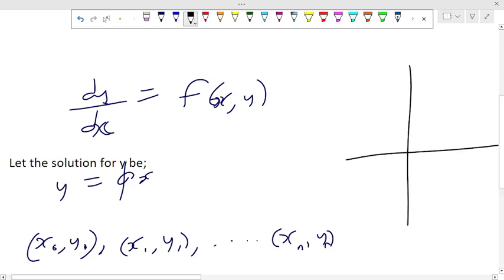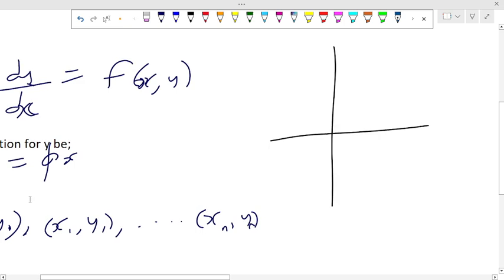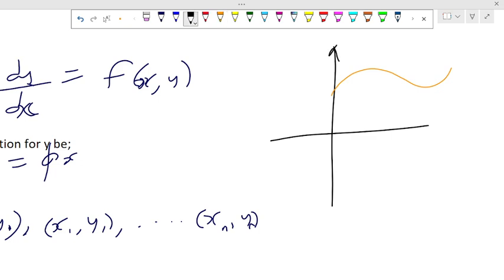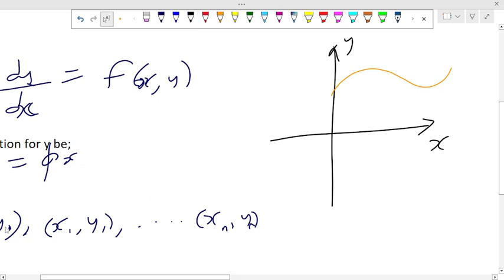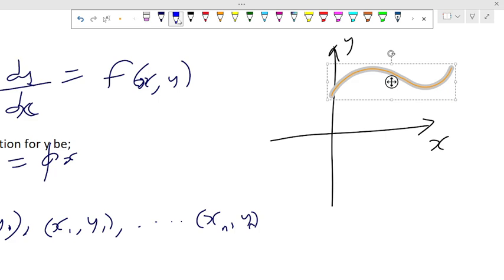Let's say we have this. Of course y is a function of x, but let's just call that y and call this x. So x0, y0, x1, y1 are all different points in the curve.